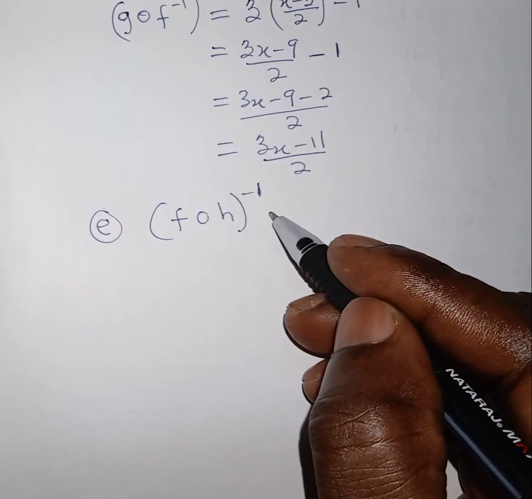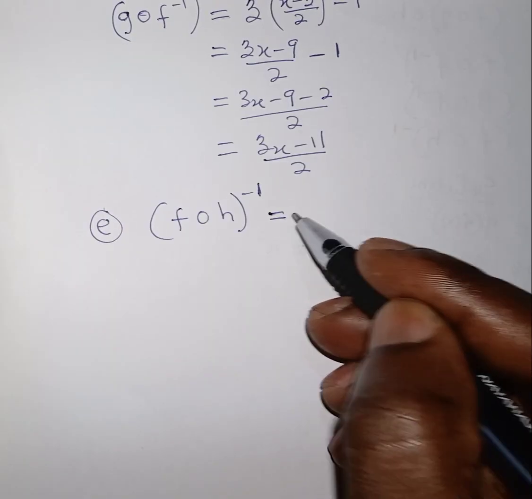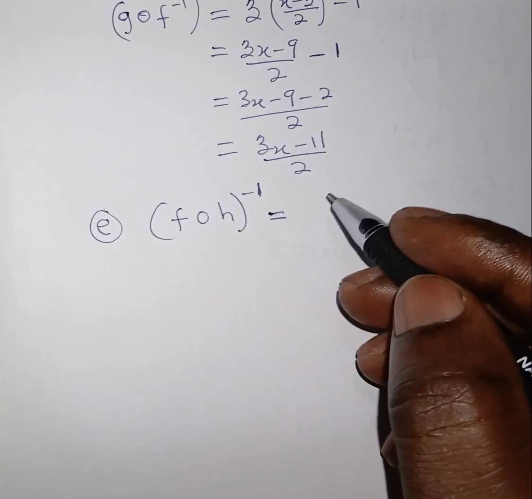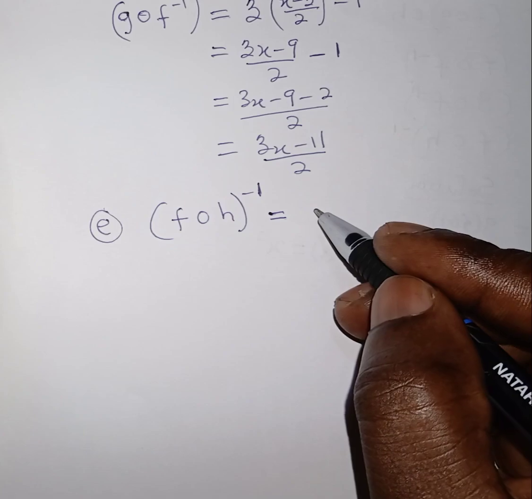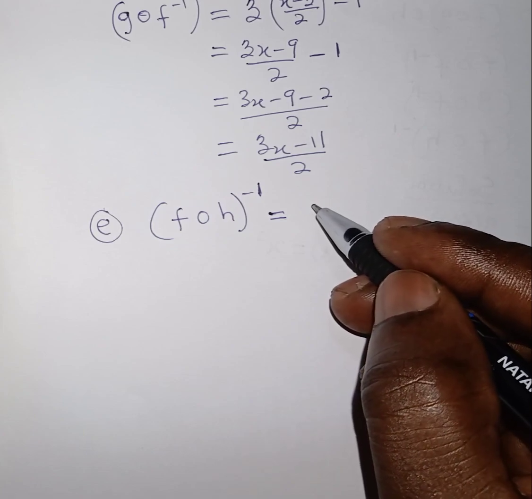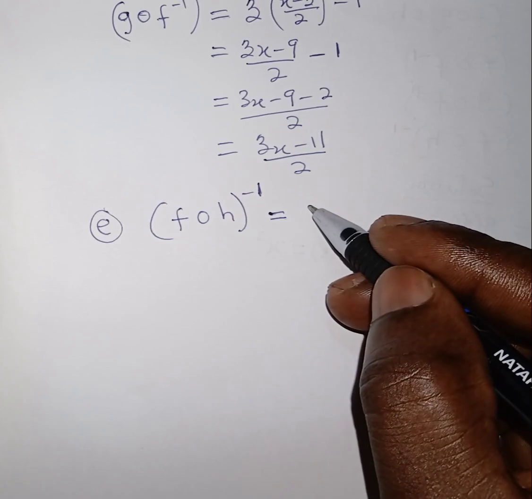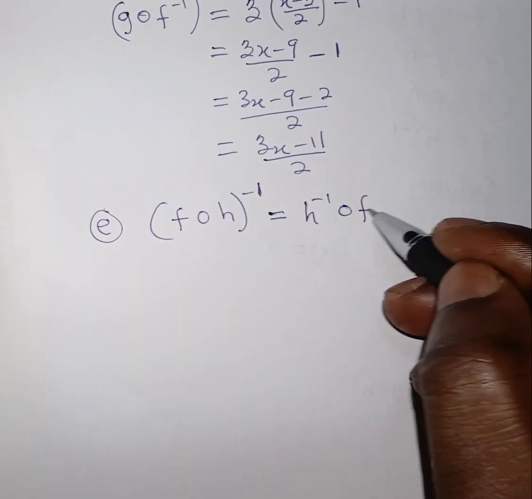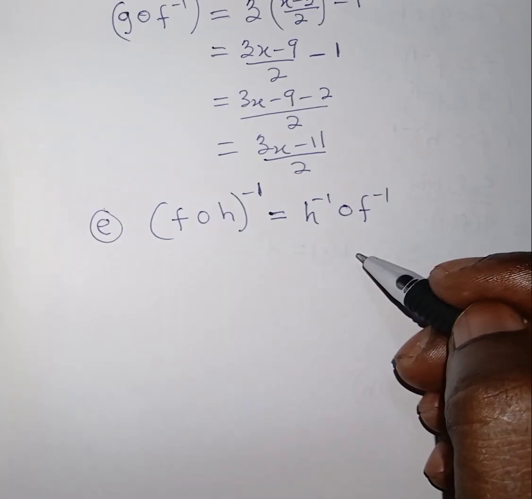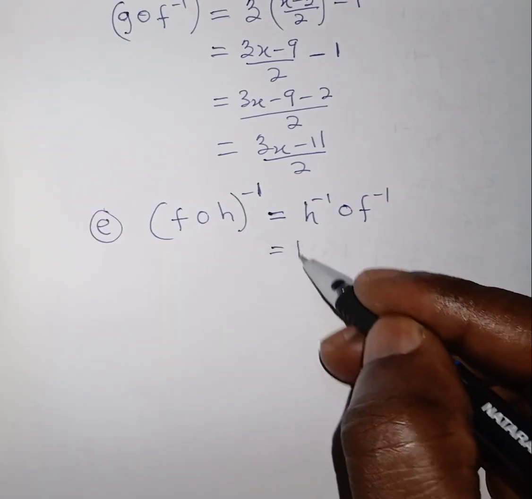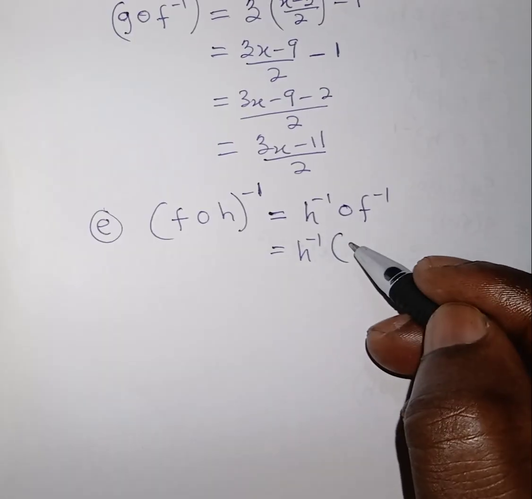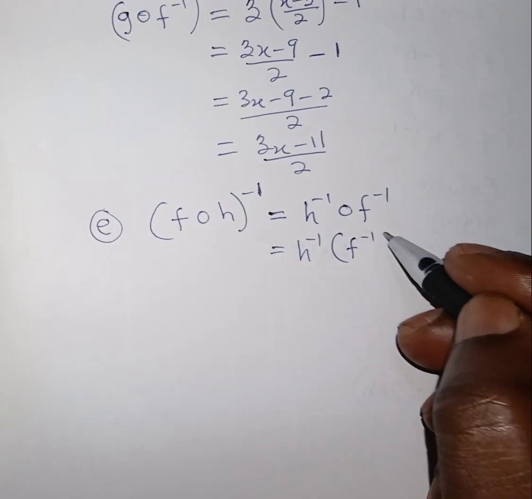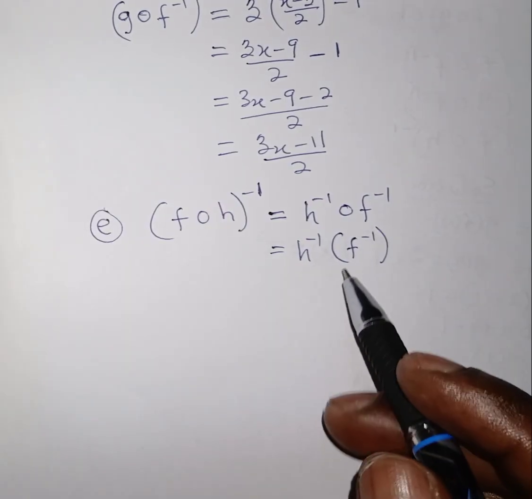We said that when you are given this, it means you take the inverse of each of them, but it should be the reverse order, meaning that you are going to have h inverse of f inverse, that is, h inverse should be following f inverse. That is what it means.